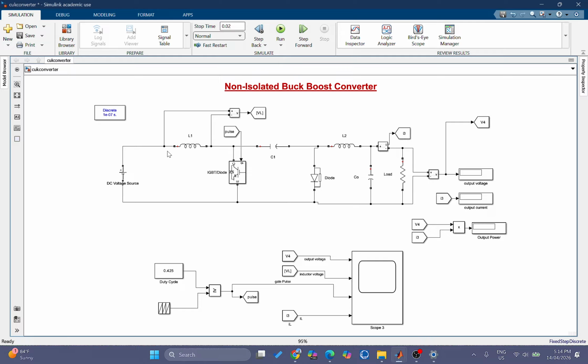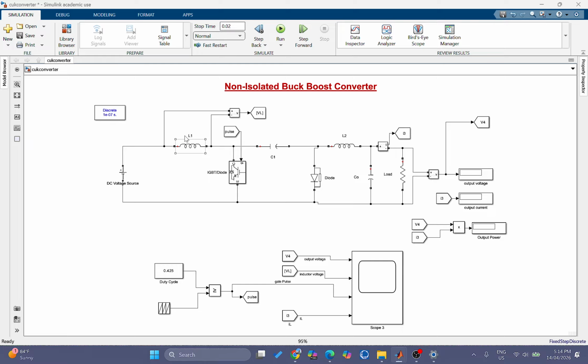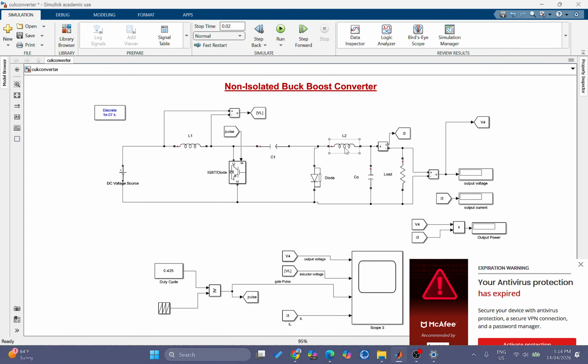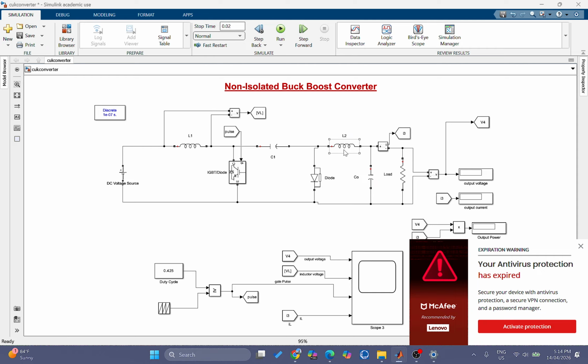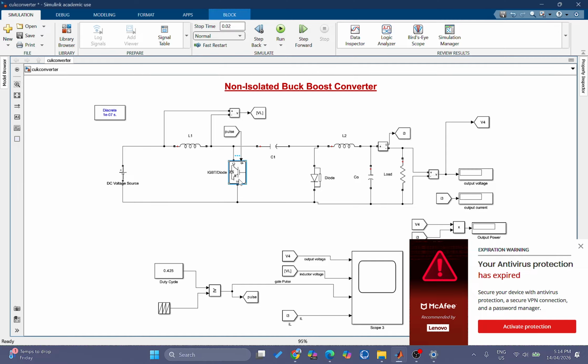So this converter has two inductors, inductor 1 and inductor 2, L1 and L2, and they will smooth the current. The capacitor C1 is the energy transfer element. Then it uses one switch, which can be an IGBT or MOSFET.